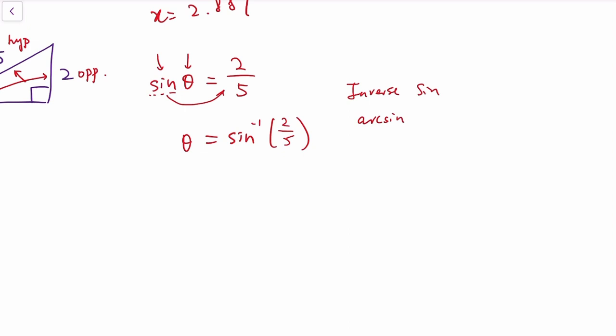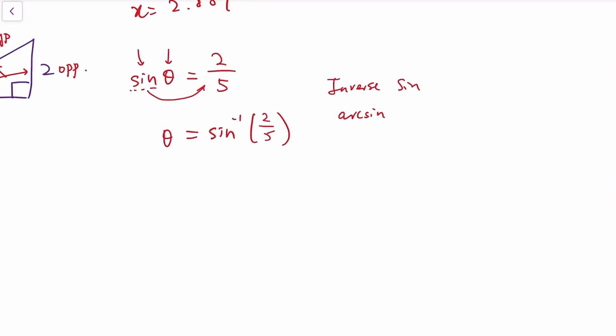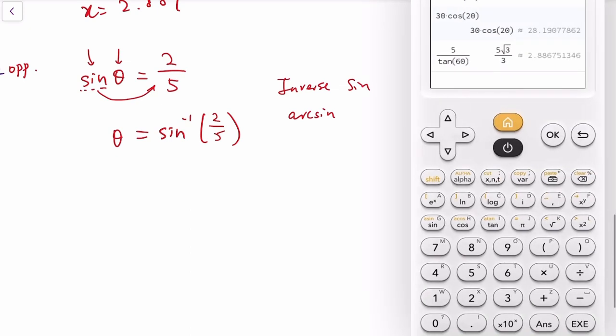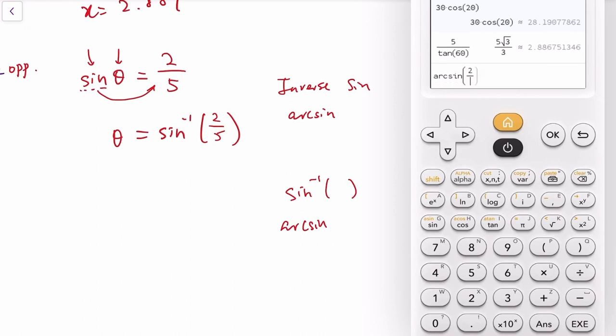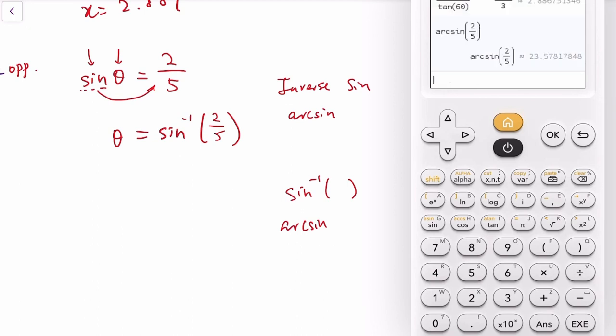But the name doesn't really matter. You can call it whatever you want. The key is on the calculator to type that. For most calculators, it should be shift of the sine button. Then you would most likely see sine minus 1, or in my case, my calculator used arc sine. Then you just type the 2 over 5 inside and execute. Then you get the angle.